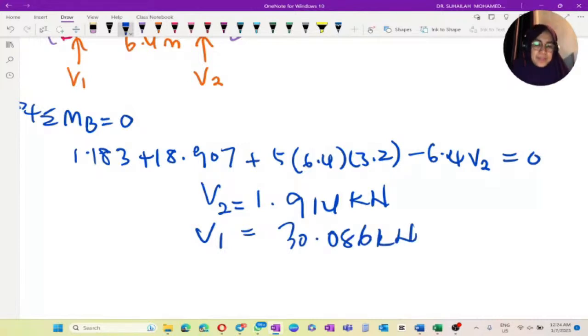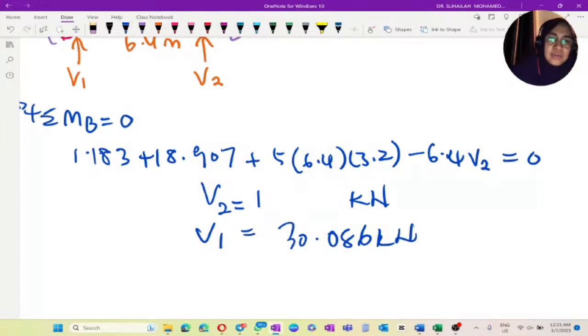Check again. 1.183 plus 18.907 plus 5 times 6.4 times 3.2. 1.183 plus 18.907 plus 5 times 6.4 times 3.2. We divide by 6.4.